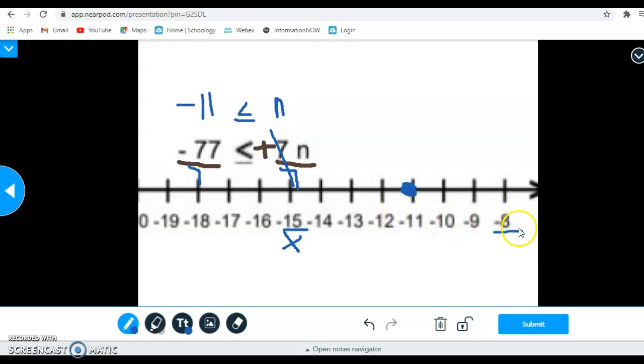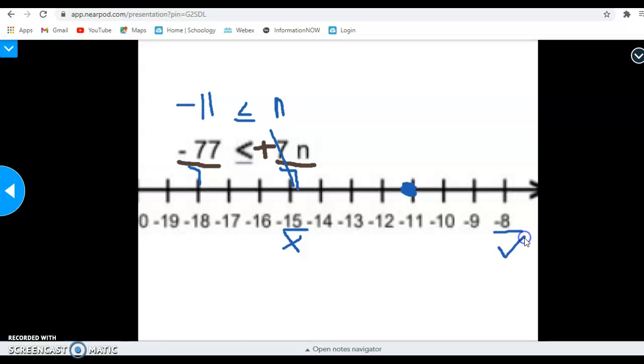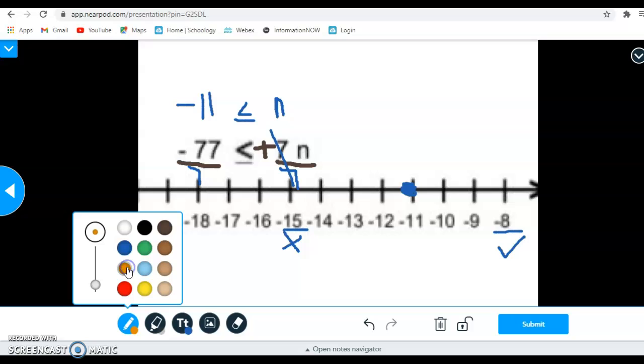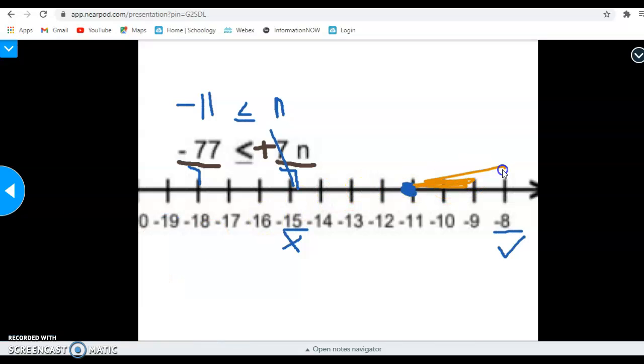All right, so let's look at negative 8. Is negative 11 less than negative 8? Yes. So we're going to shade in this direction.